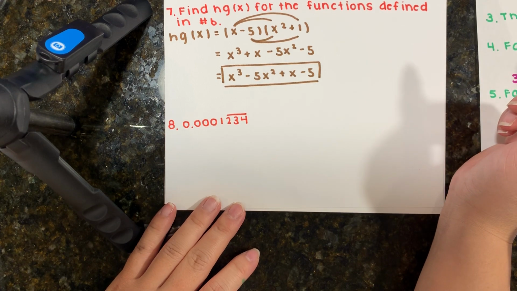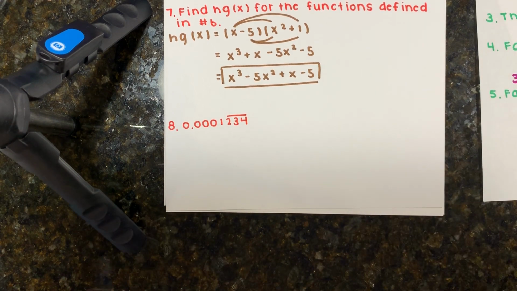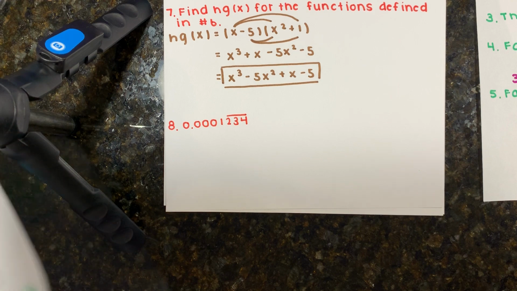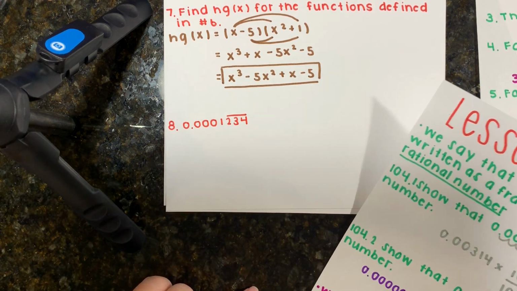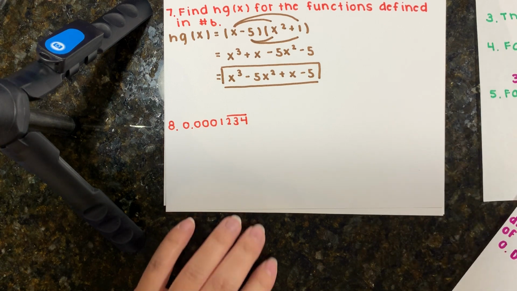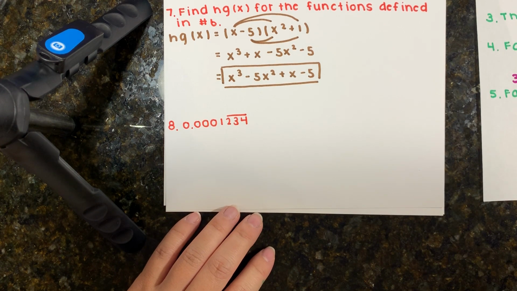So for number 8, this applies to one of the lessons that we just did. It's lesson 104. So we're going to be writing these numbers as a fraction. For this one, it's a repeating decimal.